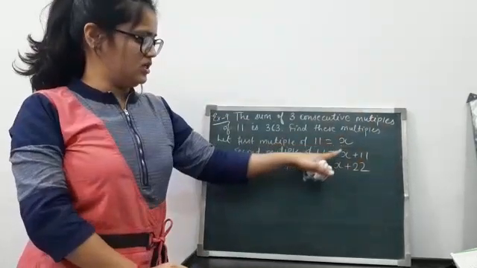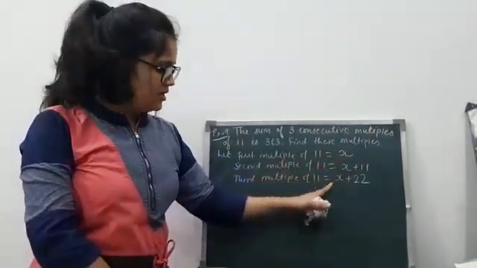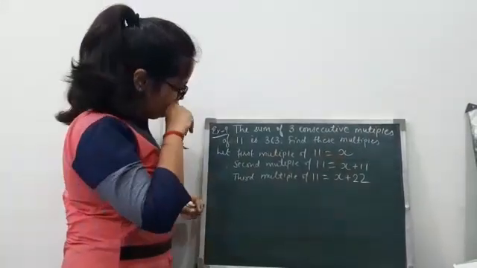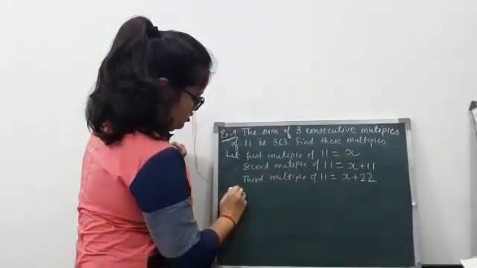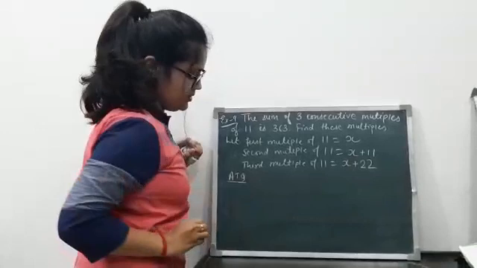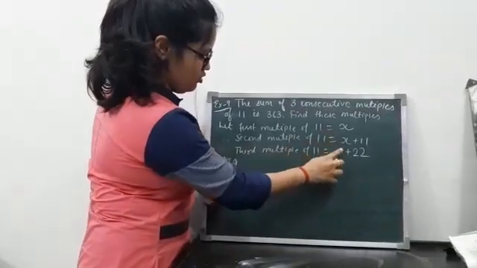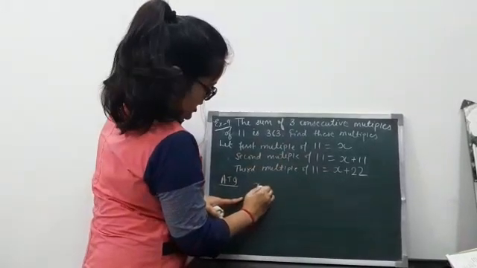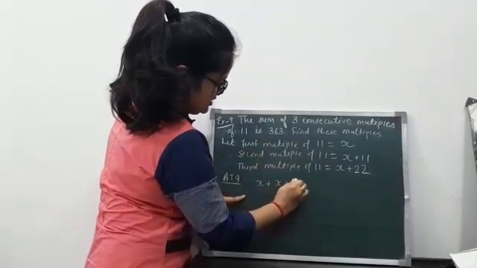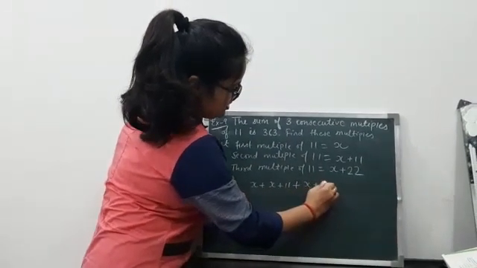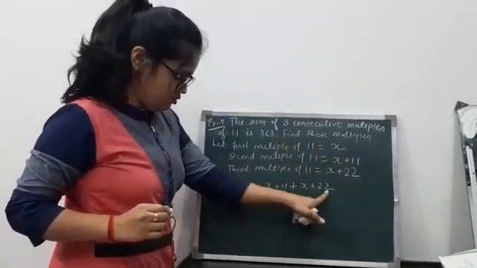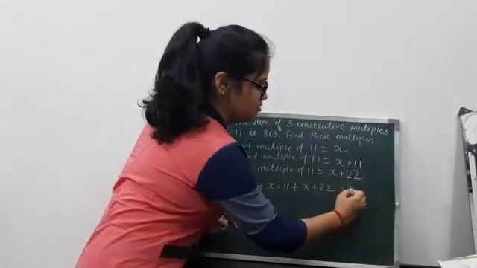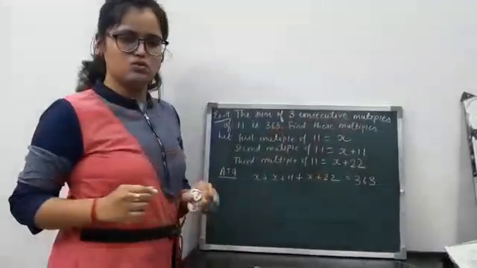So these three are the consecutive multiples of 11. Now we have to form the equation. According to the question, the sum of these three is 363. x plus x plus 11 plus x plus 22, the sum of these three is equal to 363.